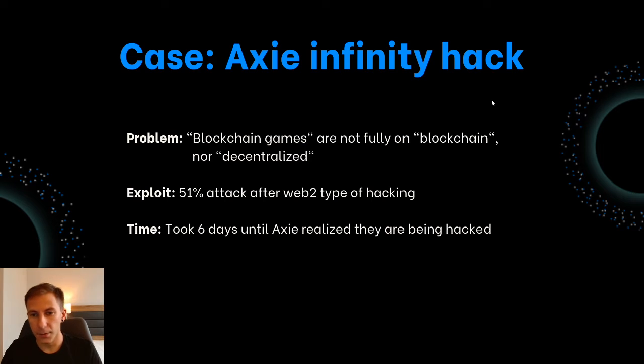So what was happening is they compromised the nodes on the Ronin validator bridge systems. They compromised the nodes through Web2 kind of hacking or red teaming, and then they compromised enough nodes so they could basically do a 51% attack.